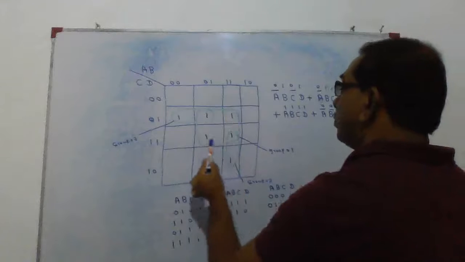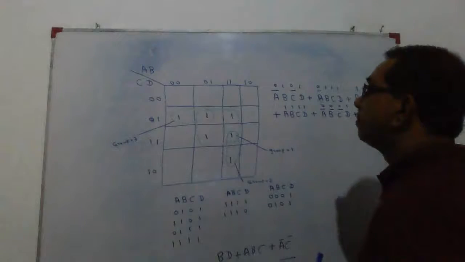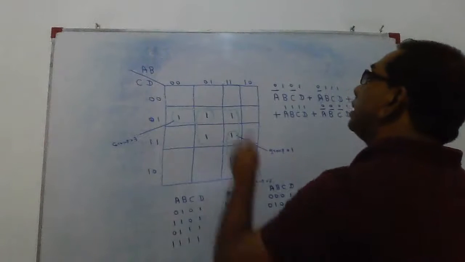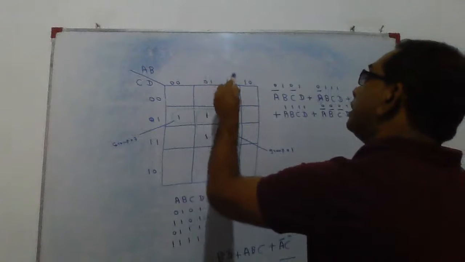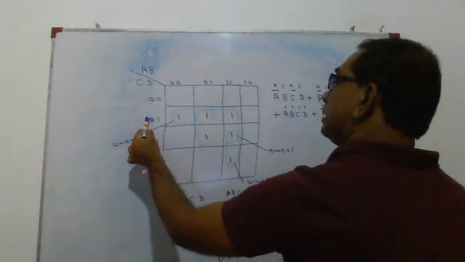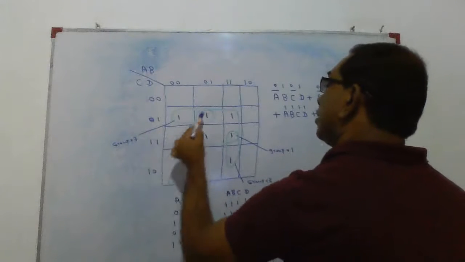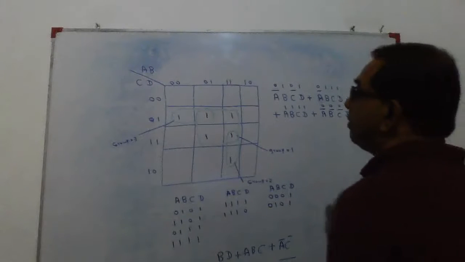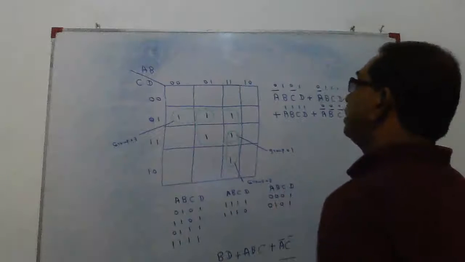We have a group like this. We have 4 cells. For all the cells, A is not common, but B is common, so B can be taken. From this side, C is not common, but D is common, so B and D has come from the first group.